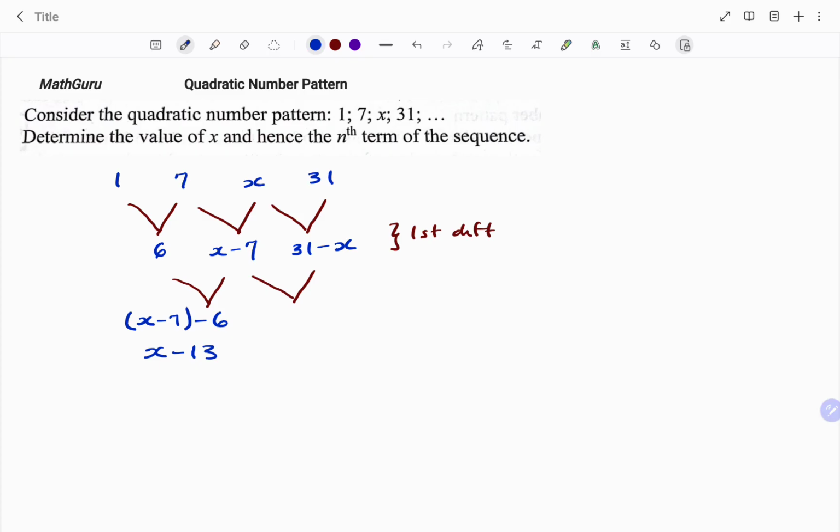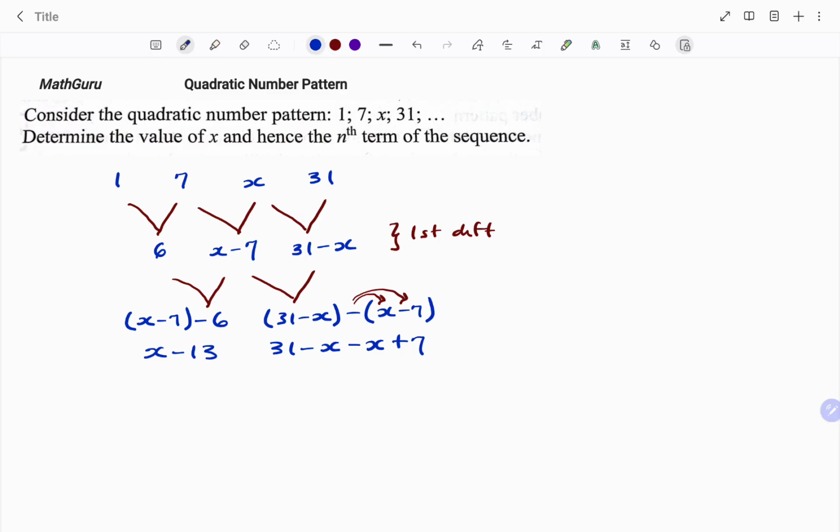The second one, I have 31 minus x, minus, bracket, x minus 7. If I simplify further, that will be 31 minus x plus 7. What I've done is the minus in front of the bracket multiplies all the terms within the bracket, as shown.